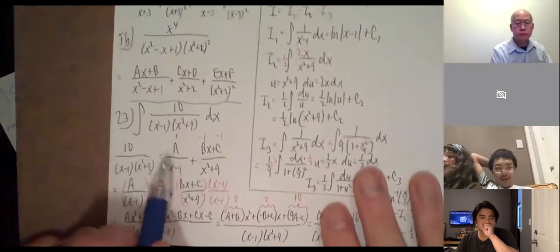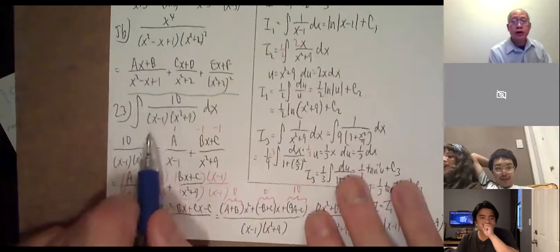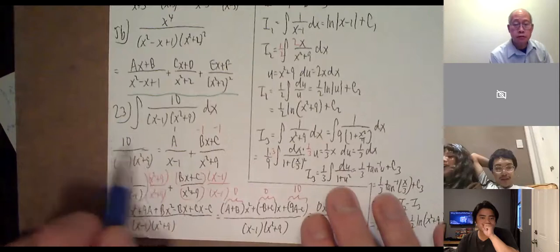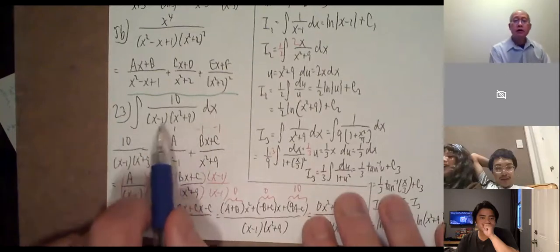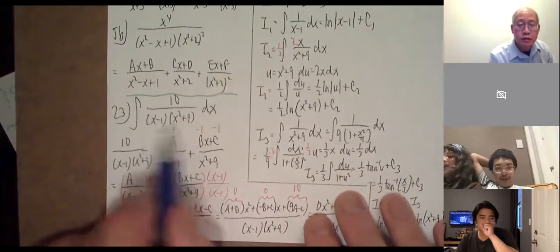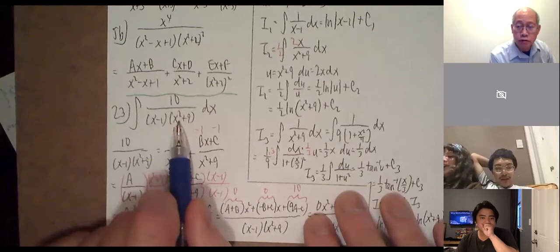Okay, so over x minus 1, x squared plus 9. Okay, and a side note here, what's the degree of the denominator? If you multiply it all out, third degree, you have x cubed.